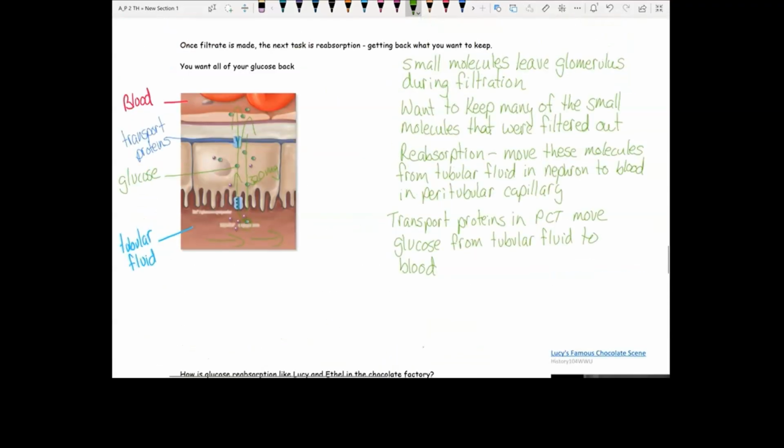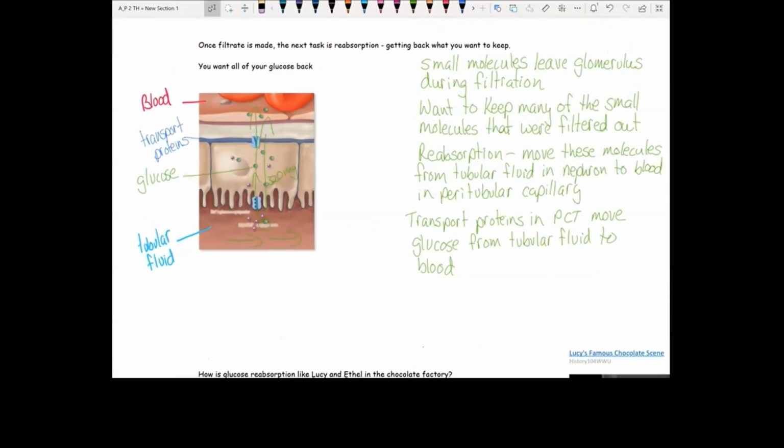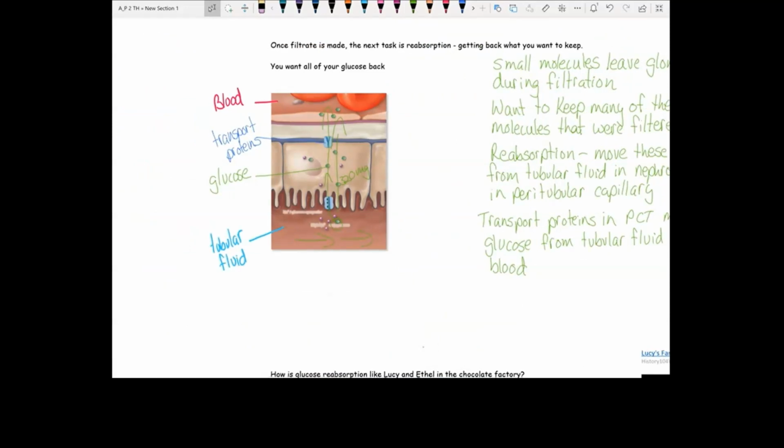Let's put that in context with this picture. Remember the blood coming into the kidney. If the blood coming into the kidney has 220 milligrams of glucose per deciliter of blood, then you're going to have glucose here in the tubular fluid. And the amount of glucose that you have here in the tubular fluid flowing by will be 320 per minute.